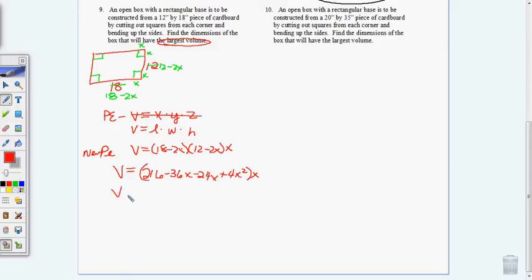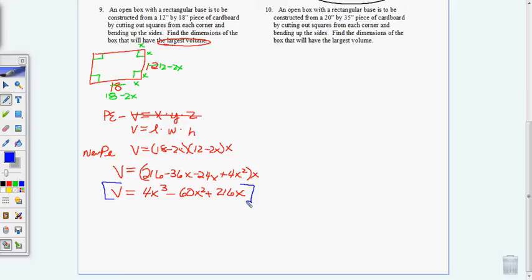So the volume formula that I'm going to be using, and I'm going to rewrite it in descending order, is 4x to the third power minus 60x squared, and then plus 216x. Okay, now take the derivative of this.